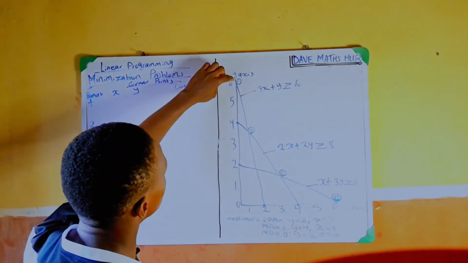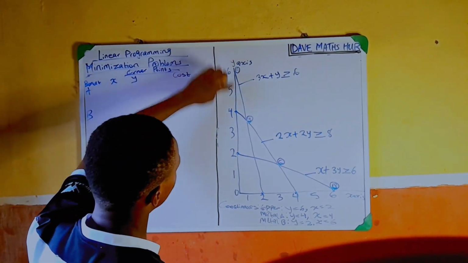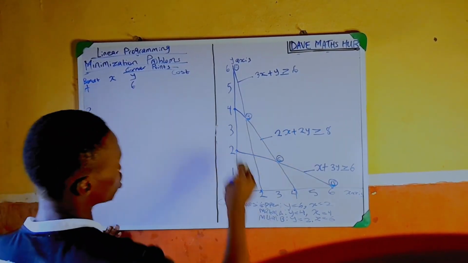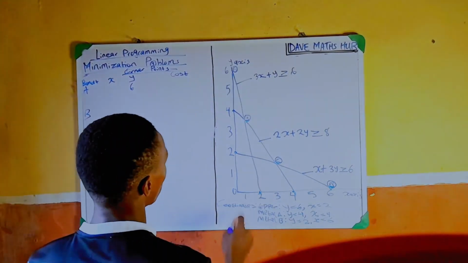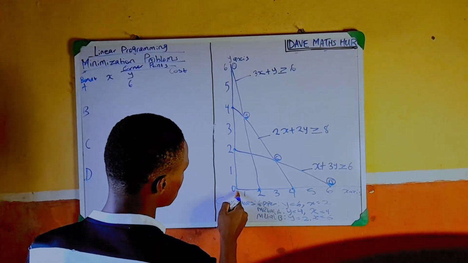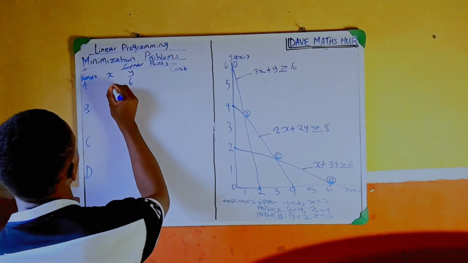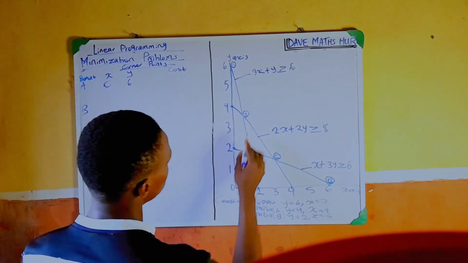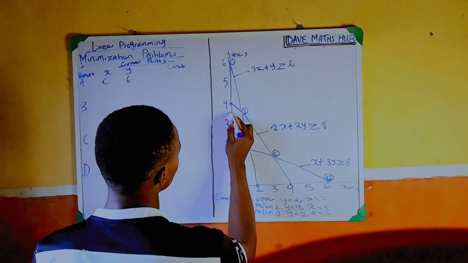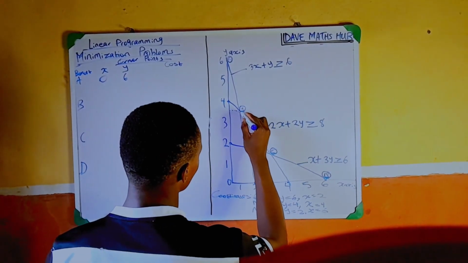Now, A touches Y on this line at 6. So for X to meet this Y line, X has to come all the way to this side and meet it at 0, in order to meet at Y junction 0. For B now, B is not touching Y, is not touching X. So we'll trace it down also.